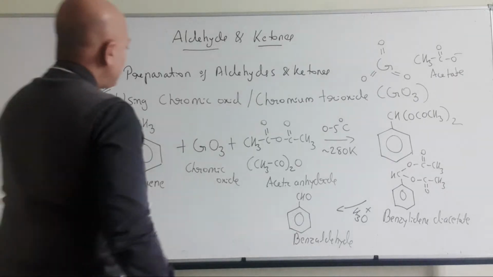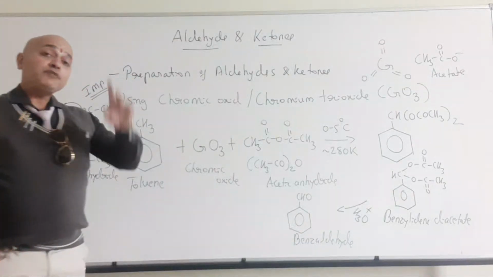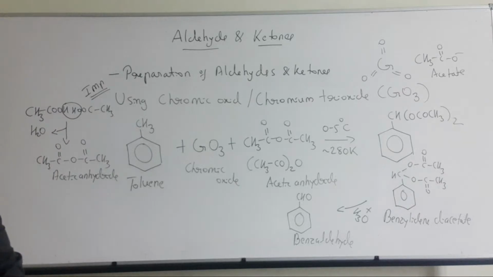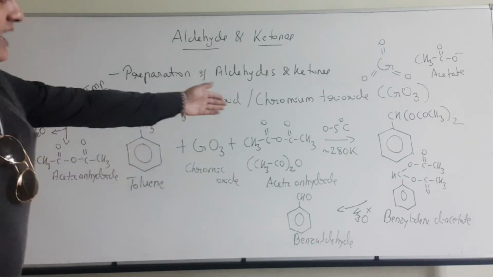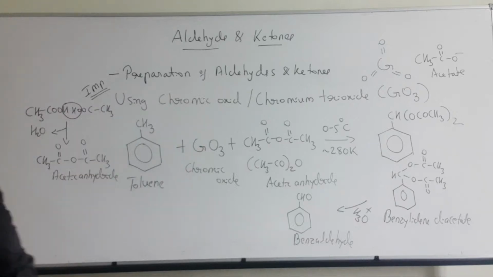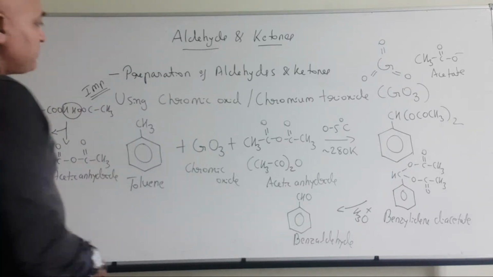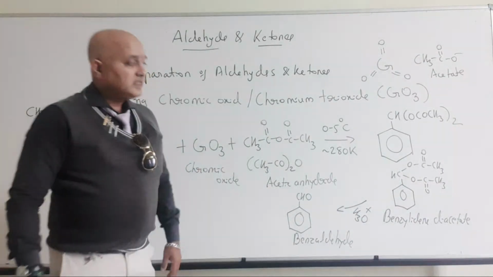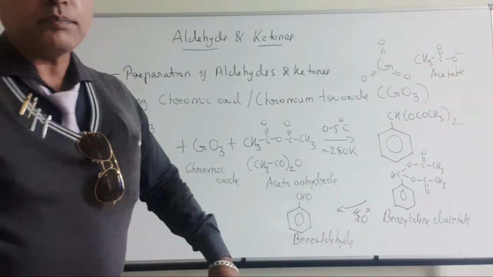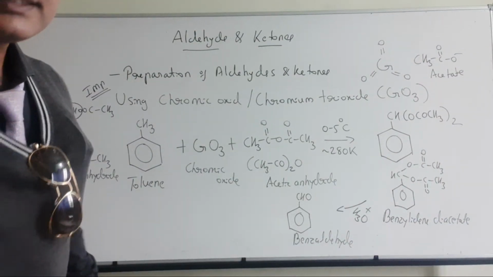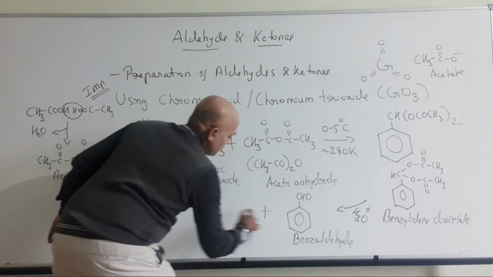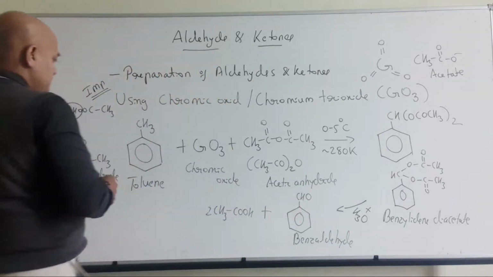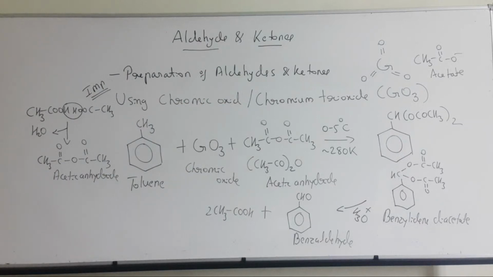Chromium oxide, Sanjana, it will act as an oxidizing agent, which we have studied in alcohol, PCC. Okay? So it will act as an oxidizing agent, chromic oxide. Oh, you can write it on arrow also. Yeah, you can write it on arrow also. Okay? So that's why we have the chromic oxide. It will act as an oxidizing agent. Now, when I am talking about another product, as the people have written, acetic acid. Very good. 2 molecules of acetic acid. Since we are going with acidic condition, 2 molecules of acetic acid.